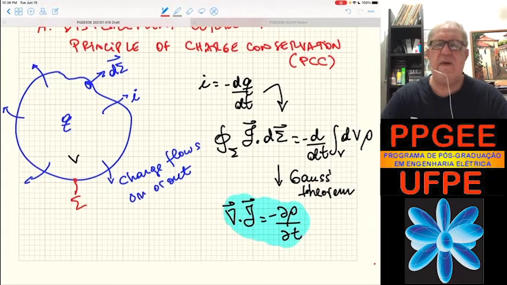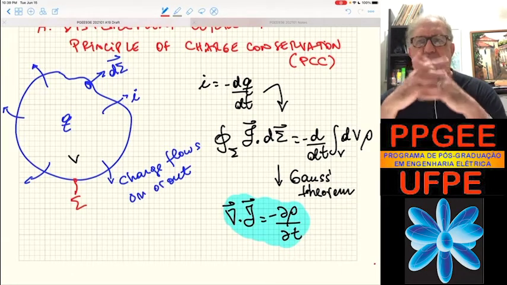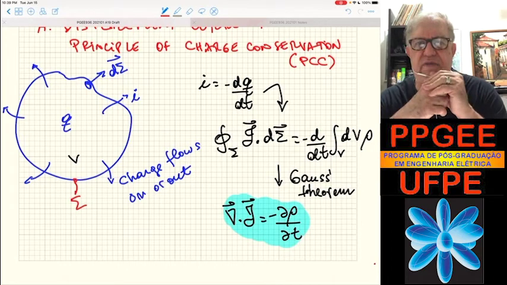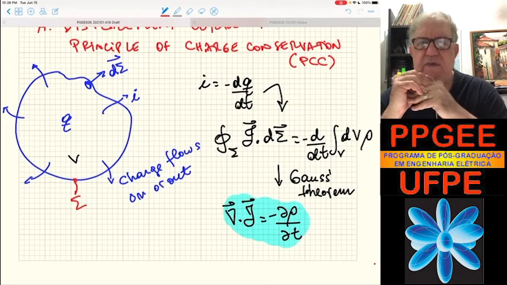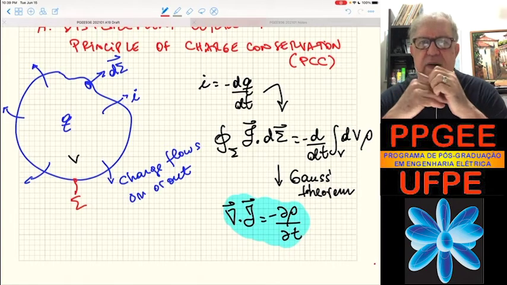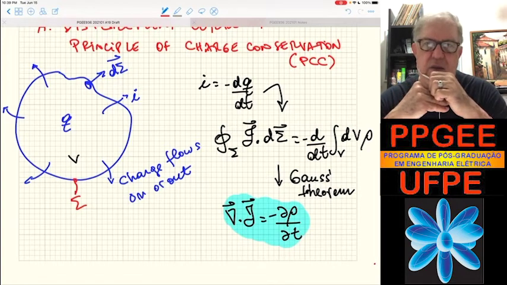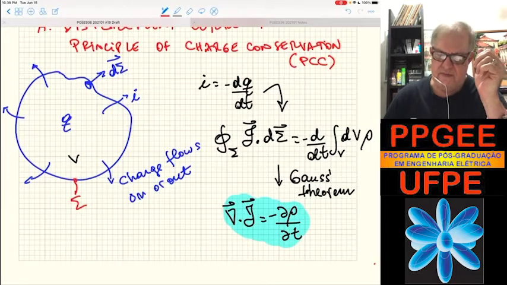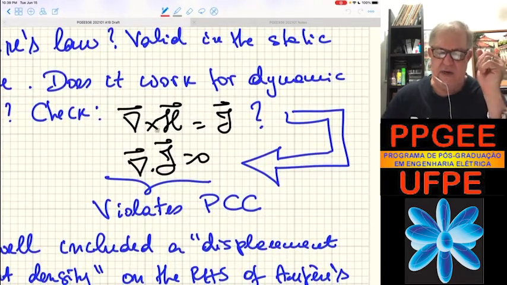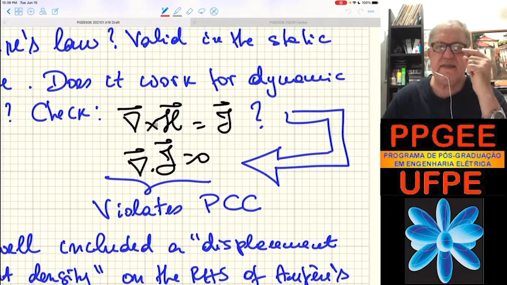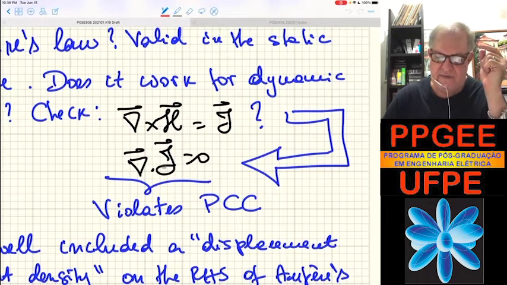So what are the implications of the principle of charge conservation on one of Maxwell's equations for the magnetic field, which is Ampere's law in differential form? What happened? Originally, we have this equation here.